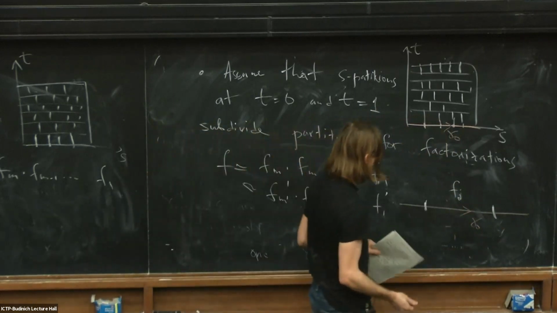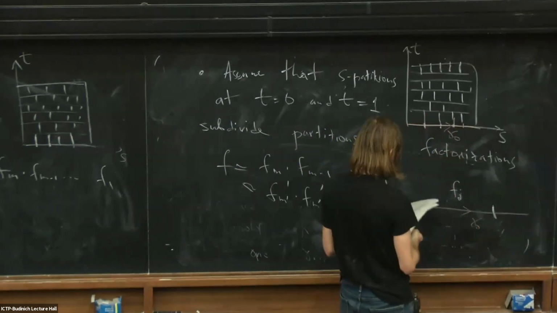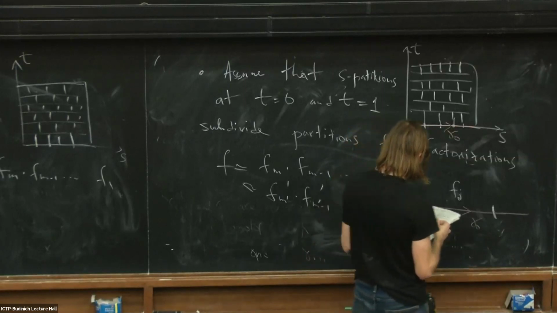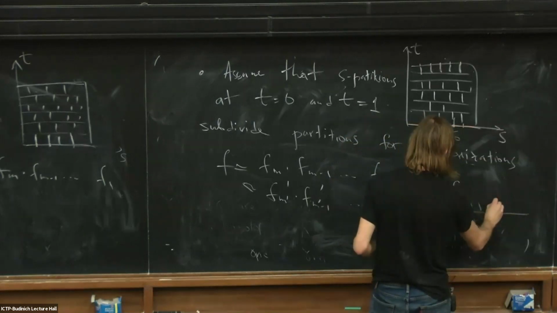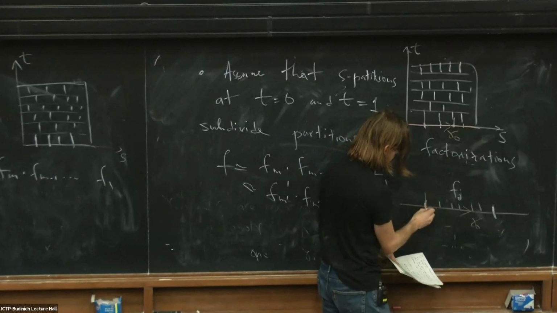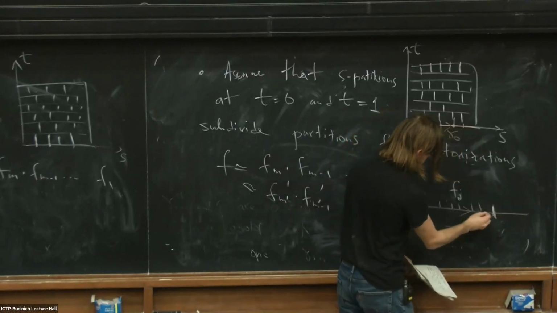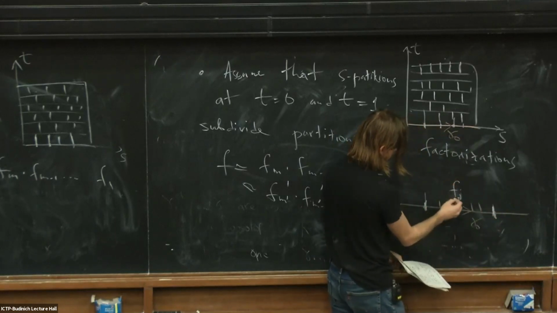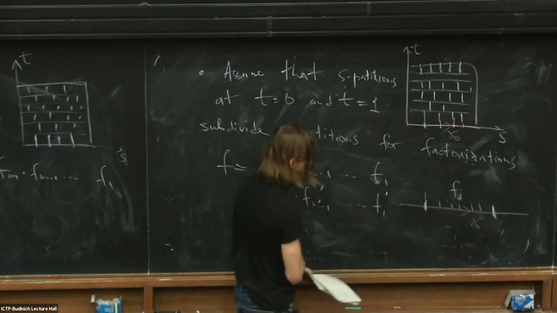And so we can always assume, without loss of generality, that the boundaries of this interval, which correspond to a particular factor fj, coincide with some of the vertices in our subdivision.